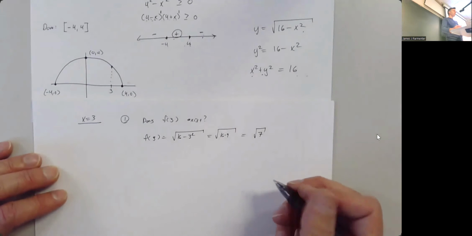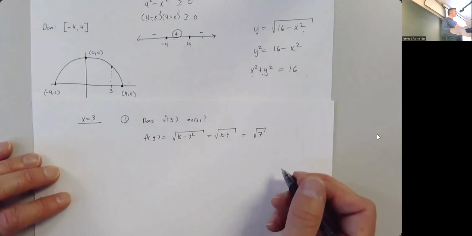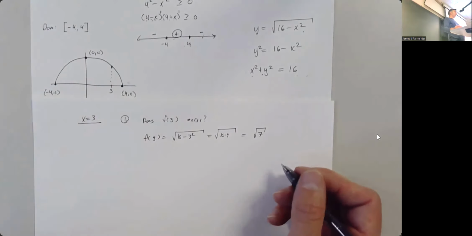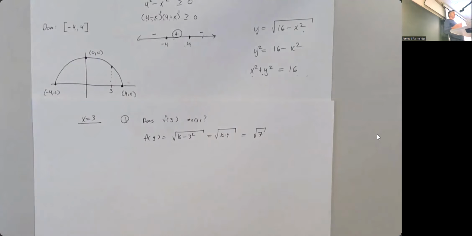Is that a real number that exists? Yeah, it's irrational, right? There isn't a nice decimal expansion of it that ever terminates, but it is a real number. It's a positive real number. It exists on the number line. It's somewhere between 2 and 3, but it's on there.